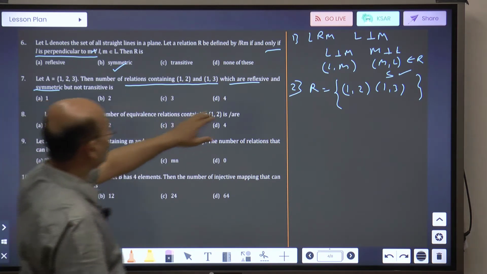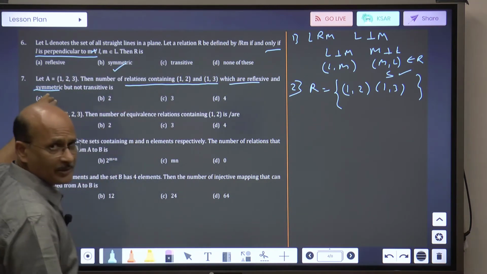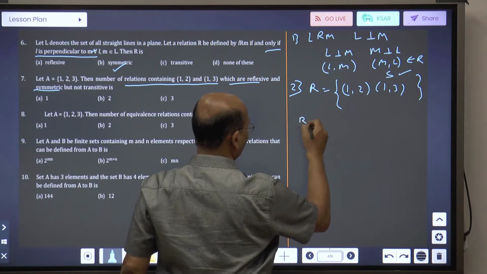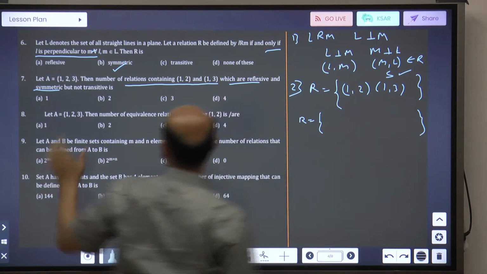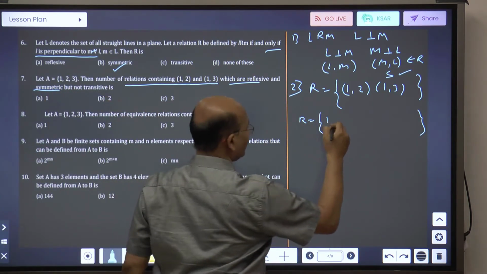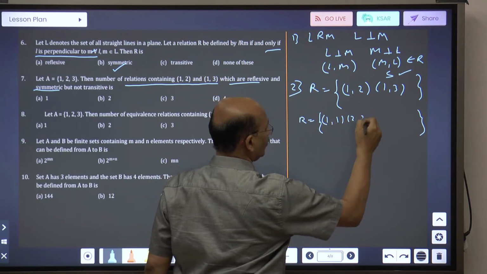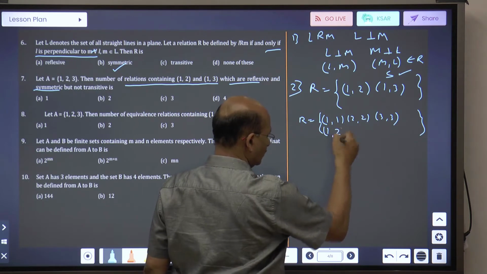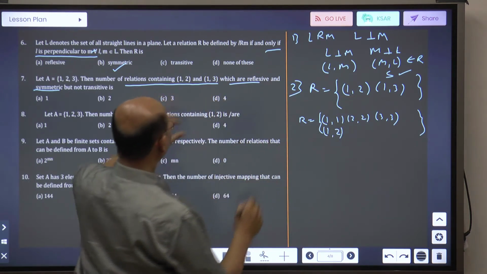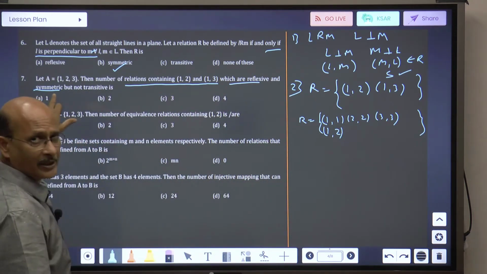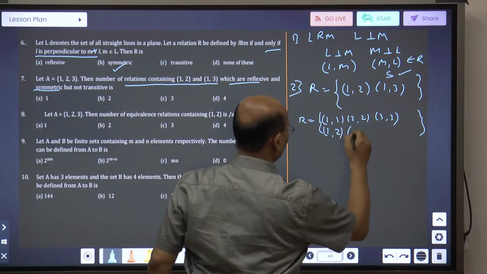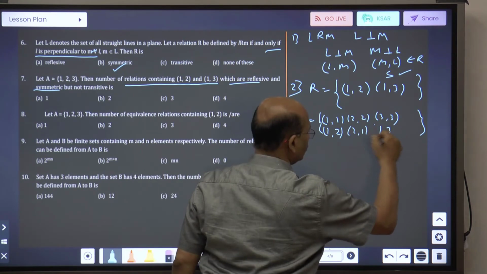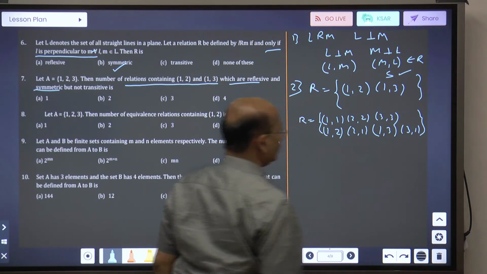It should be reflexive as well as symmetric. So (1, 2), (1, 3) are also there, right? In reflexive I know the elements are 1, 2, 3. So (1, 1) has to be there, (2, 2) has to be there, (3, 3) has to be there. It is reflexive and symmetric. So symmetric means (2, 1) is there, and since (1, 3) is there, (3, 1) is also there, right?